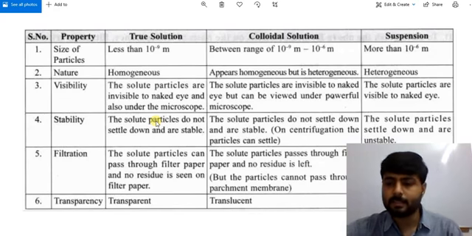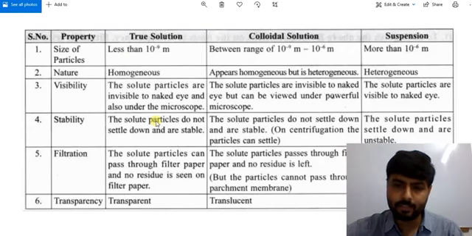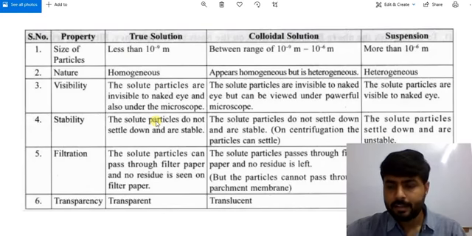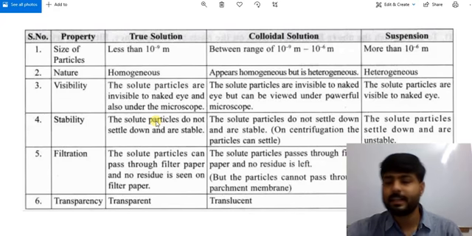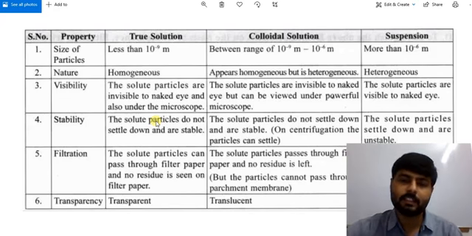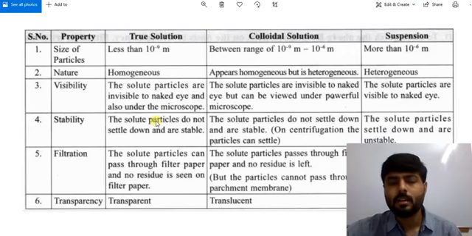So we can see the dispersed phase in colloidal solution with a powerful microscope. And the particle size is relatively larger in suspension, so particles of suspension we can see with naked eyes. So that is about the visibility of particles in true solution, colloidal solution and suspension.